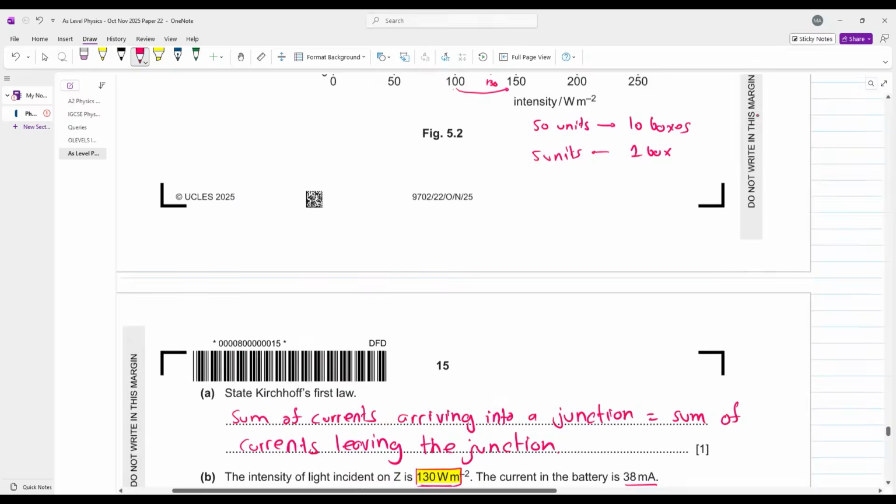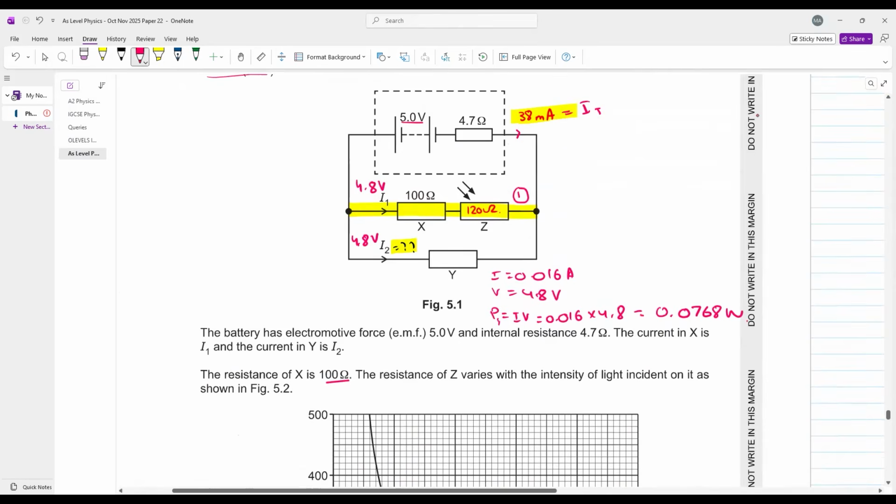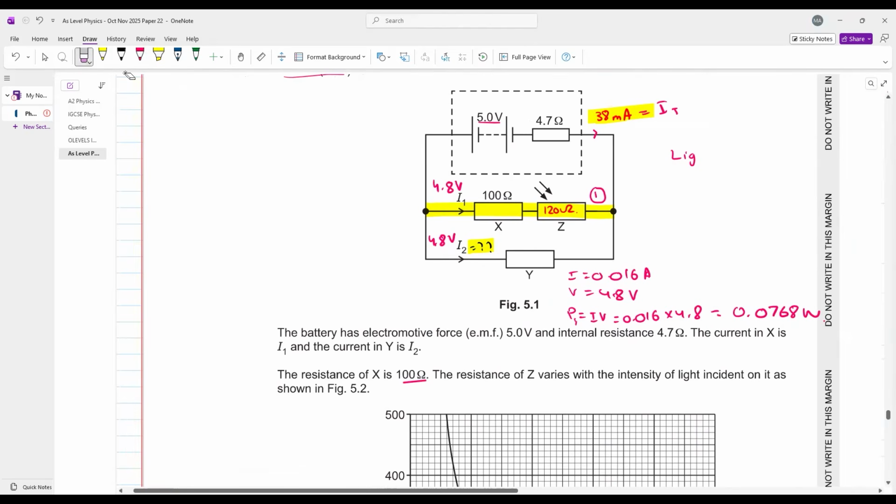Okay, so the light intensity on the LDR decreases. So let's create a flow chart, and then we will write the answer using this flow chart. First of all, can you realize the light intensity on the LDR is decreasing? Light intensity decreases. What will happen? The resistance of the LDR increases.